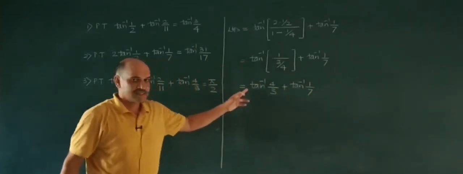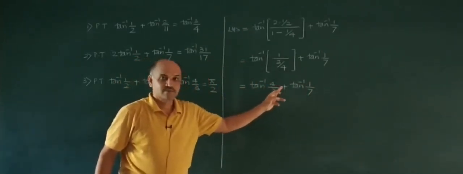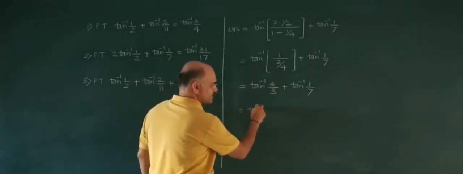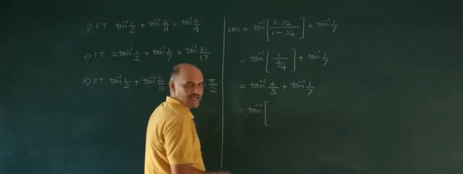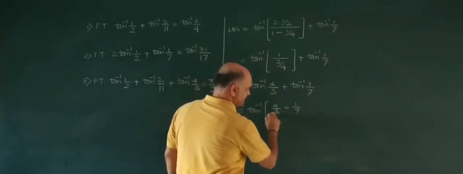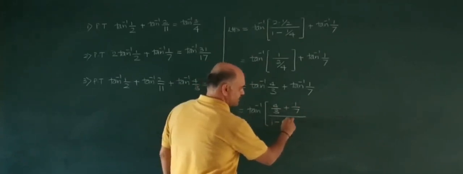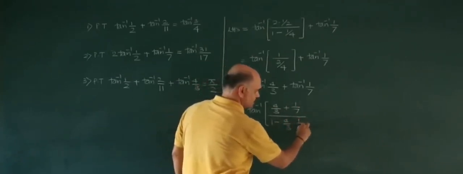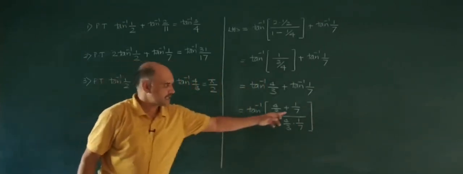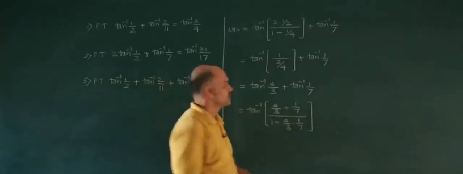Now again this is in the form of tan inverse x plus tan inverse y. So again apply the tan inverse x plus tan inverse y formula. So you'll have tan inverse of 4 by 3 plus 1 by 7 divided by 1 minus 4 by 3 into 1 by 7. Now again take LCM in numerator and denominator.